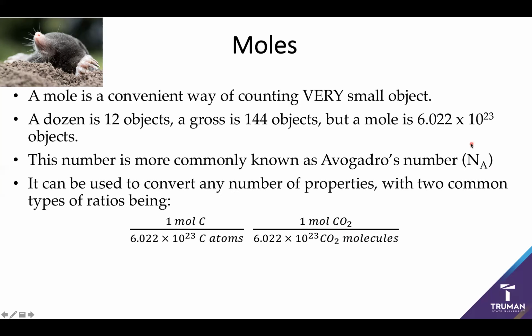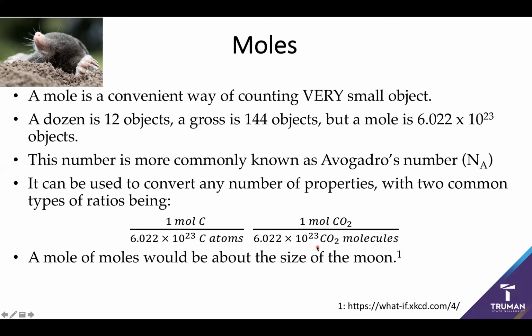Two major types of ratios we're often going to deal with are the number of moles of a given atom, so for 1 mole of carbon, there's 6 times 10 to the 23rd carbon atoms. The other major ratio is moles of a molecule, or number of molecules in 1 mole of a molecule. But again, it doesn't really matter what you use, whether atoms, molecules, or even moles.